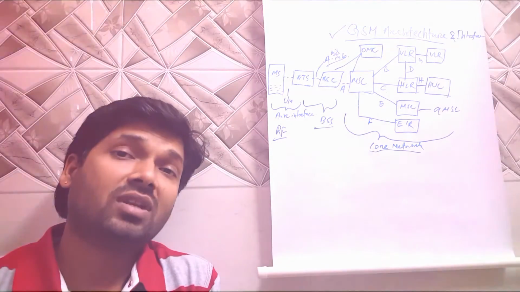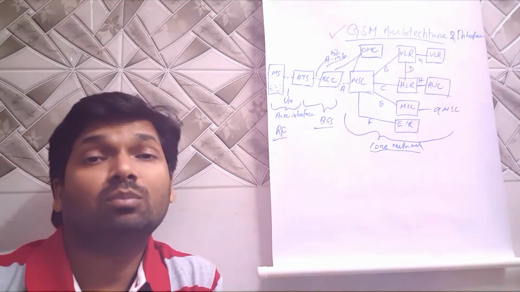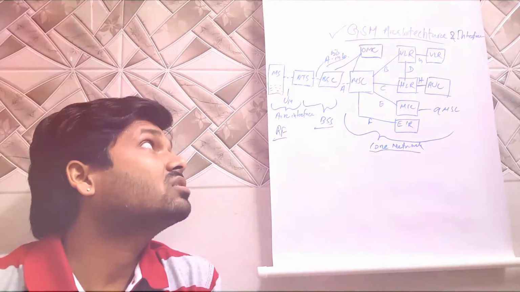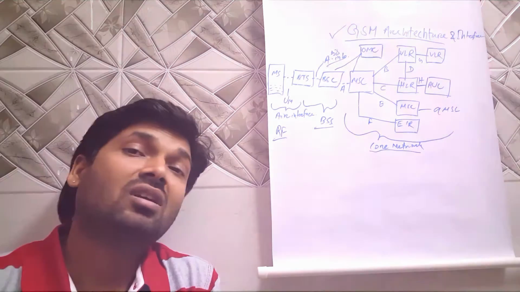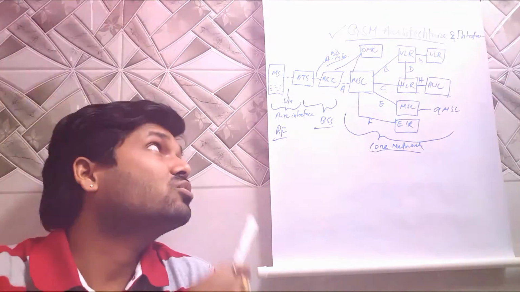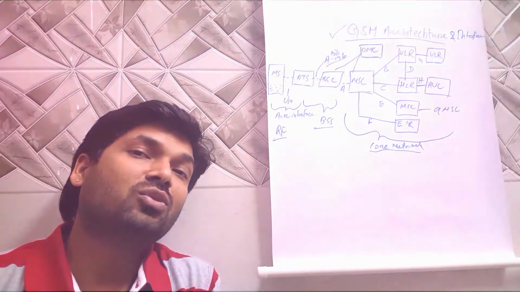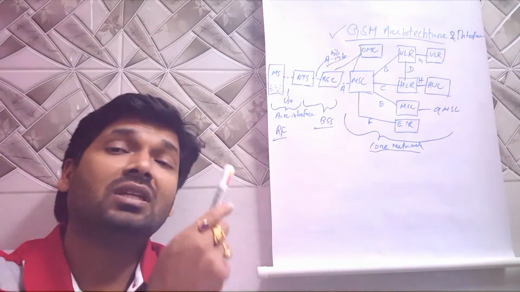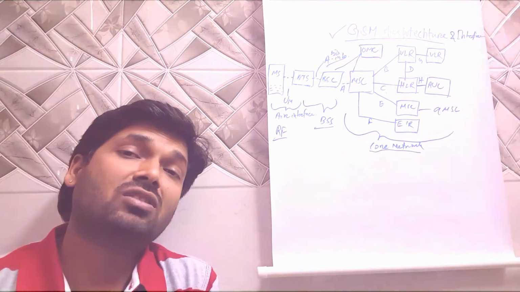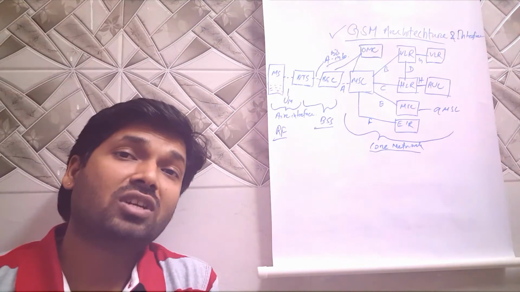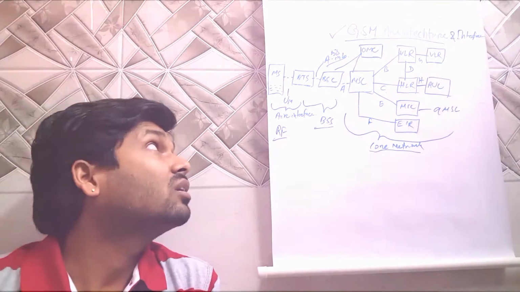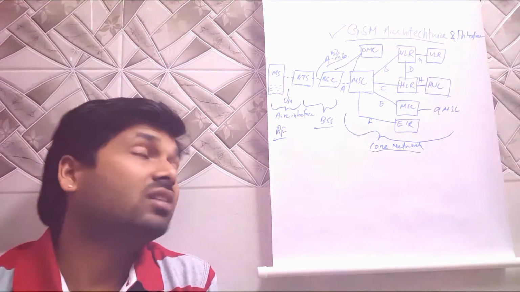So MS is a mobile station, or the mobile handset you can say, which supports the GSM technology. You can use the mobile station to communicate with the GSM network. Then the BTS, which is the base transceiver station, is used to transmit and receive information to and from the mobile station.